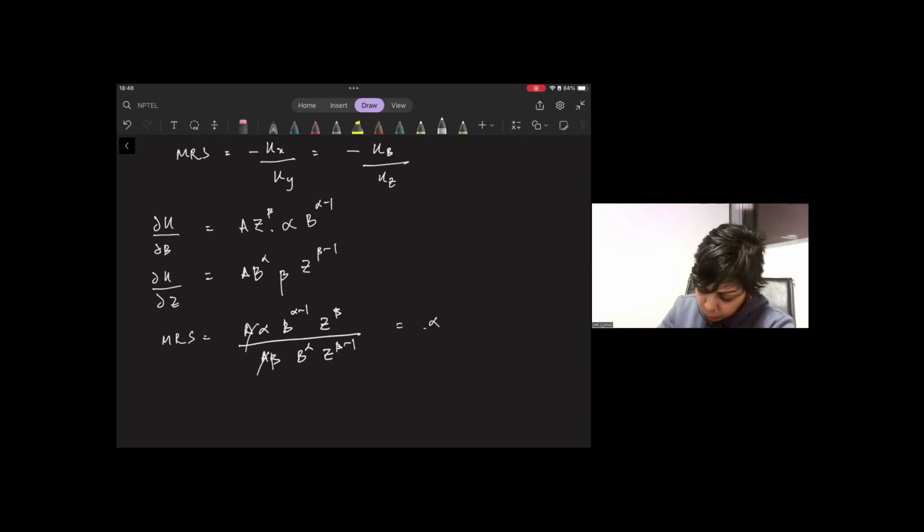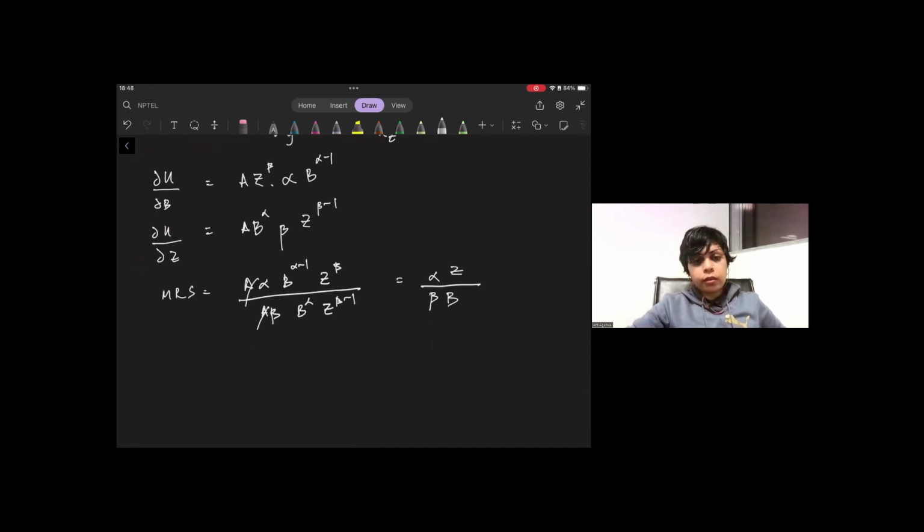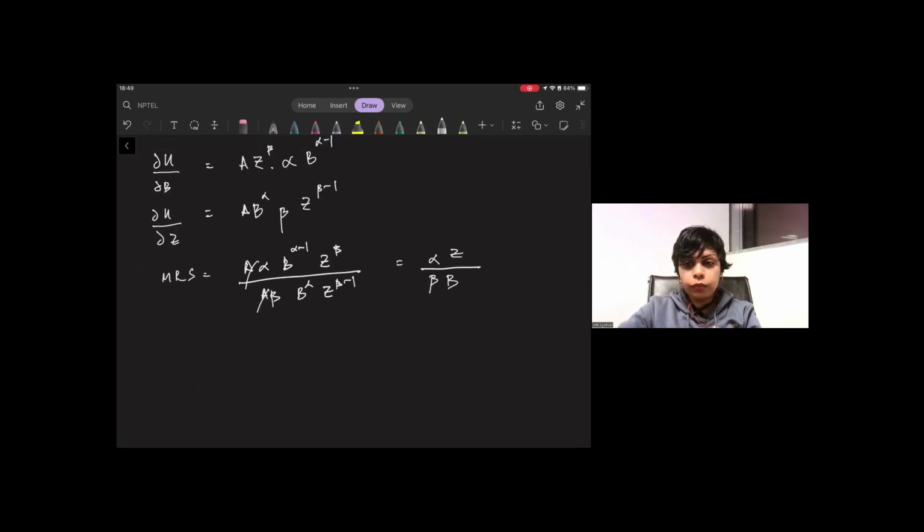A gets cancelled, alpha by beta, and there is one less in the exponent of B in the numerator compared to the denominator. So this is your answer for MRS. Like I said, we are not riddling the whole exercise with the negative because we're just going with the value of the function. There's a reason why the negative is not included here, and we'll come to that. So this much is clear, I hope.